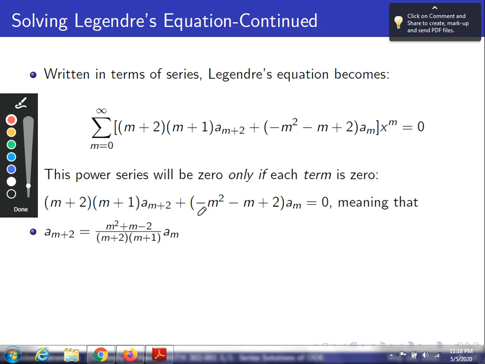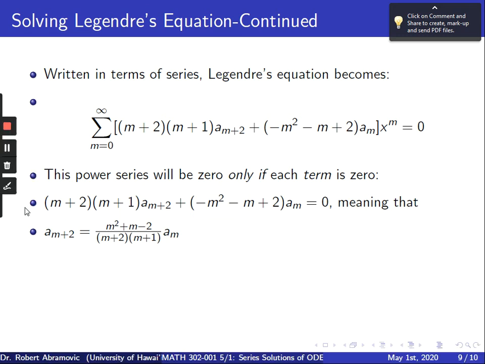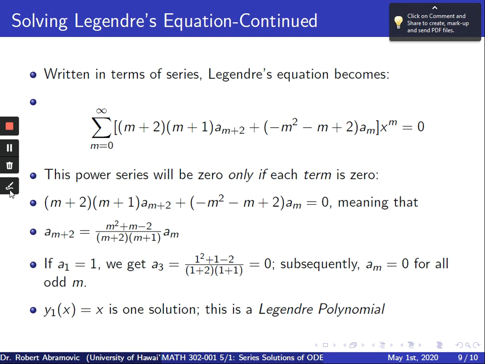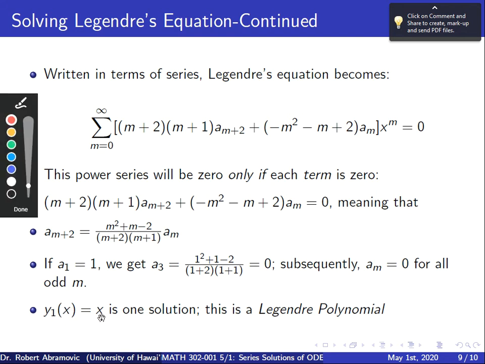That's just adding this term to both sides and dividing through by (m plus 2) times (m plus 1). If a1 is 1, we get a3 is 0, and subsequently a sub n is 0 for all odd n. That means y1 of x is equal to x is one solution. This is called the Legendre formula. So that's a pretty simple solution. So you might think, okay, well, why do we need to use series?